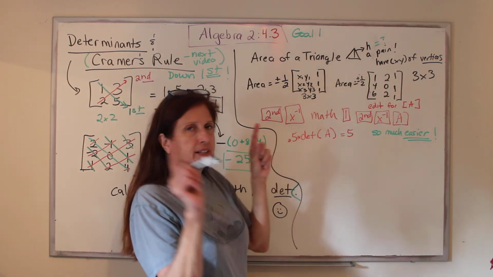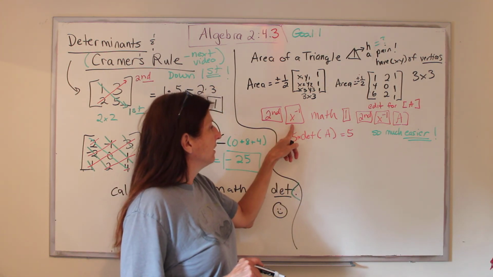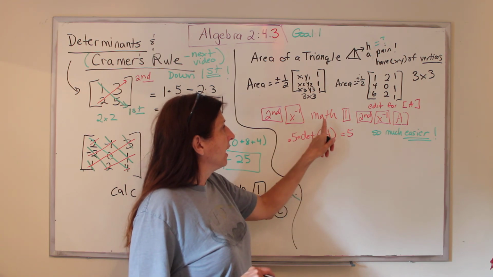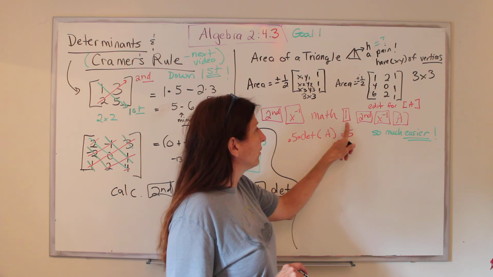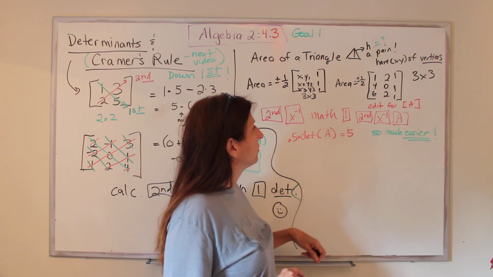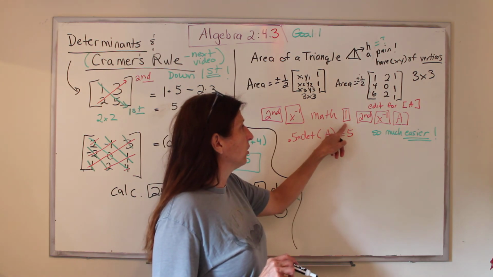Then go back, hit second mode, which quits, and then do second x to the -1 again, arrow over to math, the ironic thing, and then the very first thing is determinant. So you're going to get the determinant.